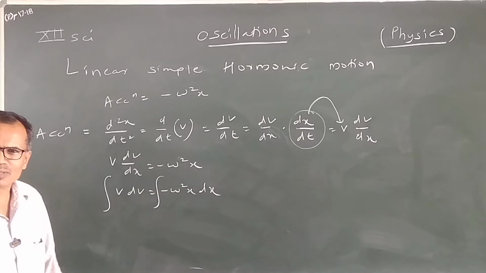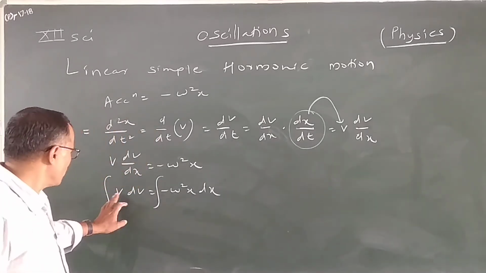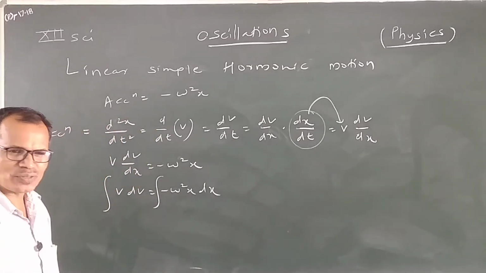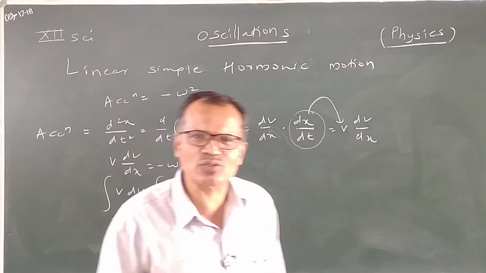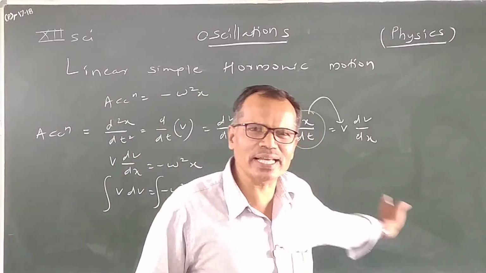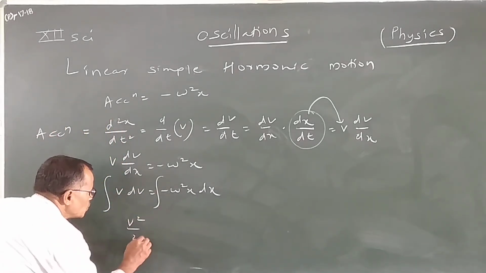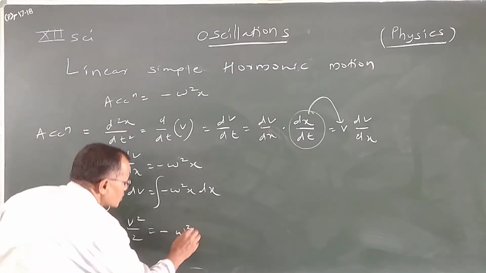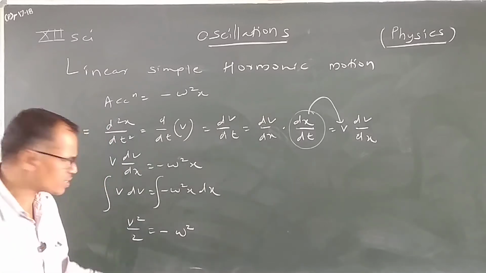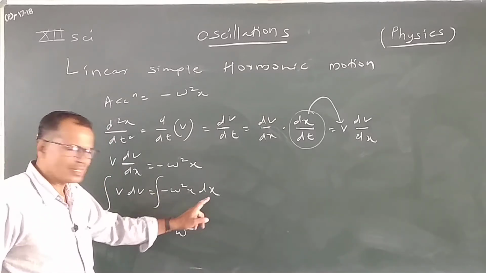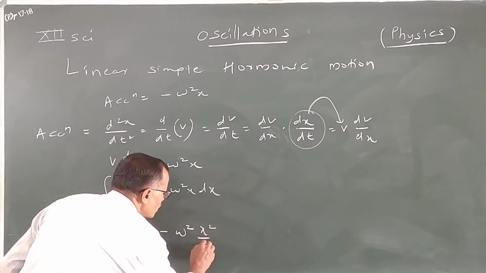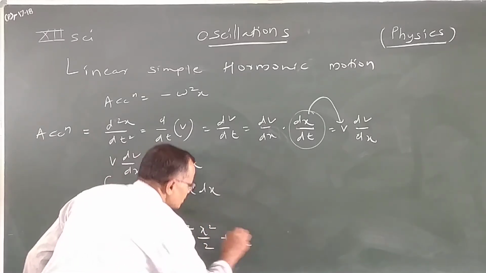The integral of v dv is v square upon 2, since we know that the integration of x dx is x square upon 2. Similarly the right side is equal to minus omega square, omega square is constant, and the integral of x dx is x square upon 2, plus c.